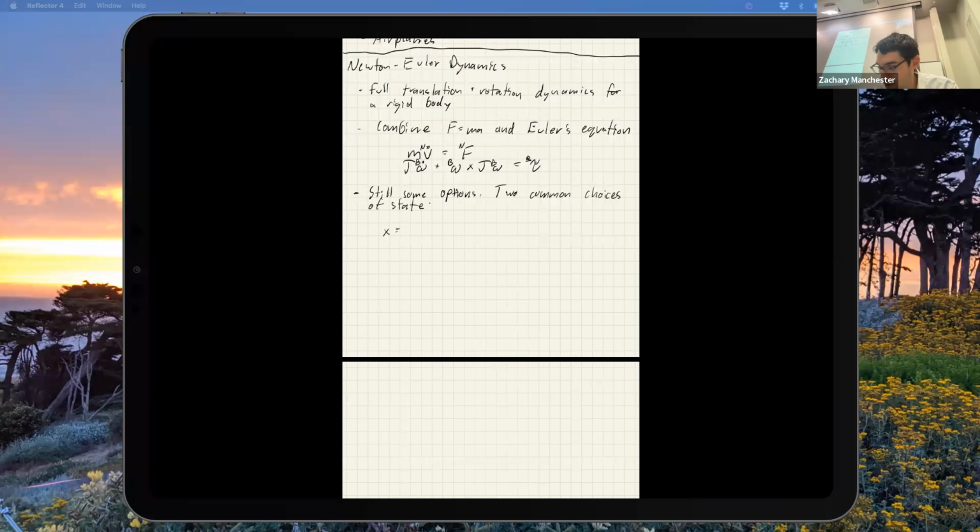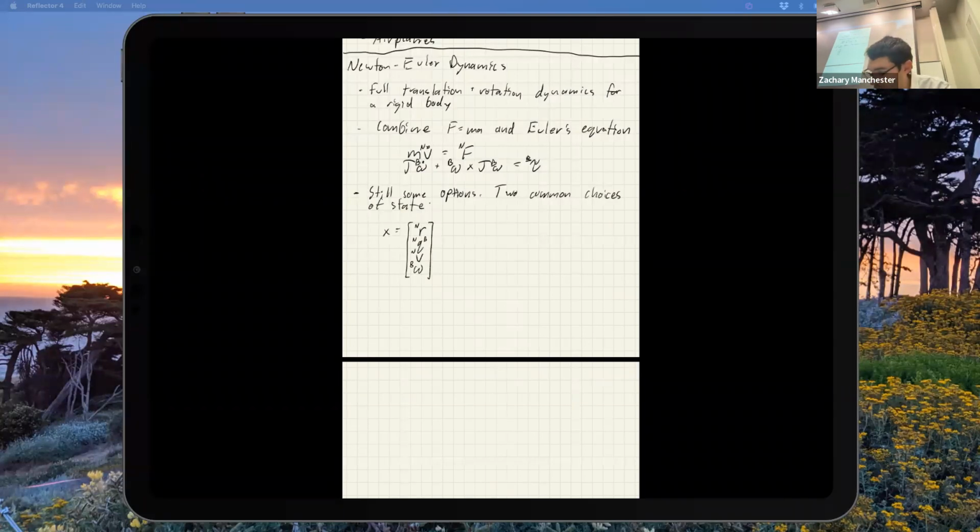We'll do the first example, the one that maybe makes sense. You'll have the position in the inertial frame. You'll have the quaternion, body to inertial, like we said. You'll have the velocity in the N frame, which seems natural because F equals ma. And then you'll have the omega in the body frame, which is natural because of Euler's equation, right?